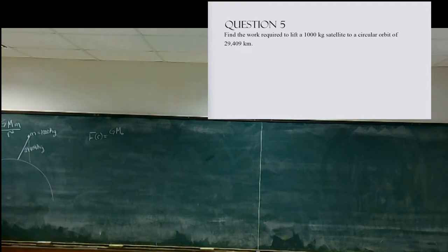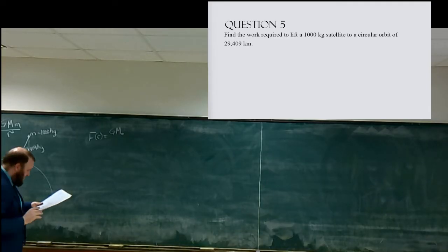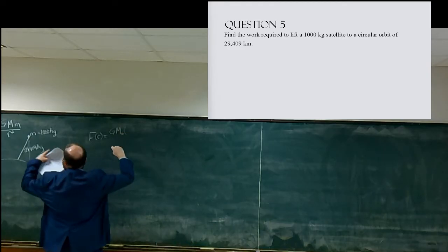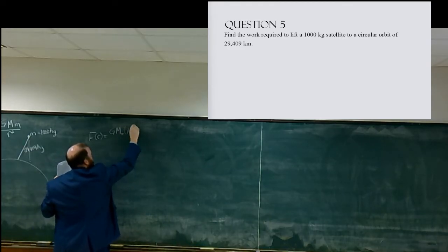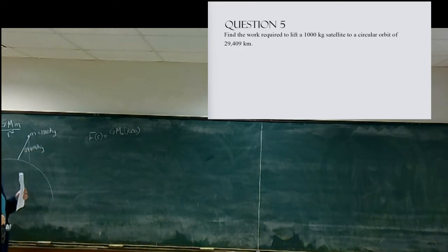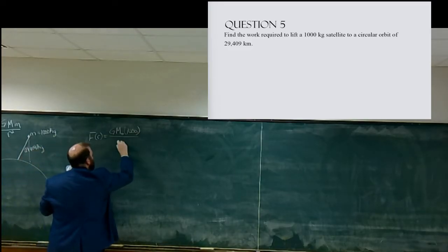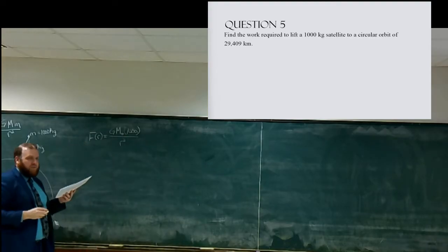Every planet has its own astronomical symbol. Times the mass of the smaller object, the satellite, 1,000 kilograms, all over little r squared.